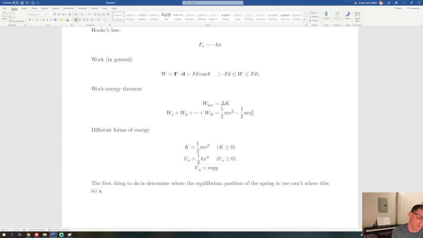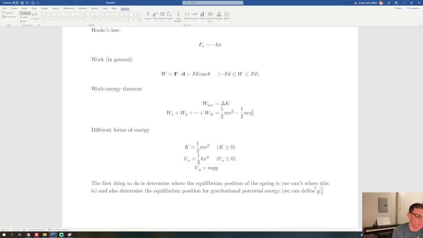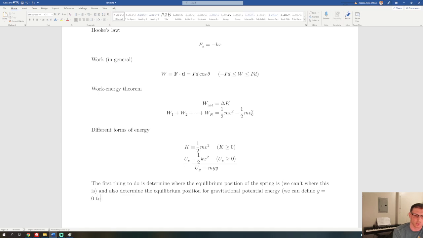Then also determine the equilibrium position for gravitational potential energy. What this means is that we can define y equals 0 to be wherever we want.